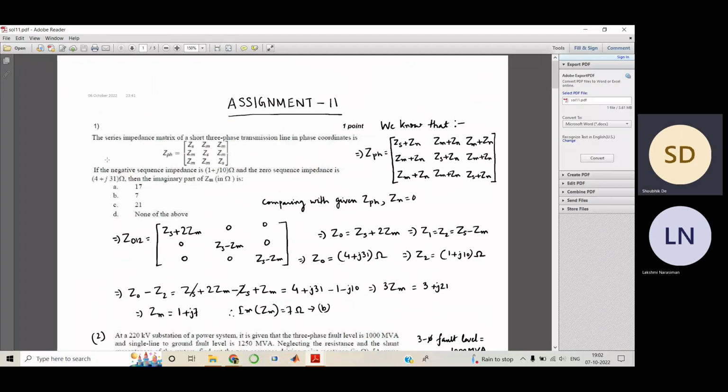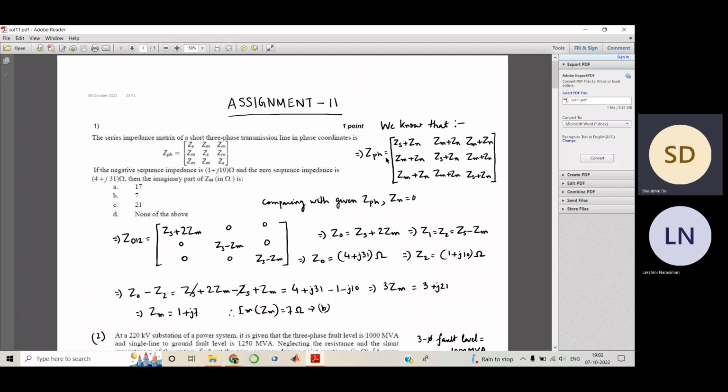Question number 1. The series impedance matrix of a short three-phase transmission line in phase coordinates is this. Now, the series impedance matrix, which is the standard matrix formula, if you see, is this, right?